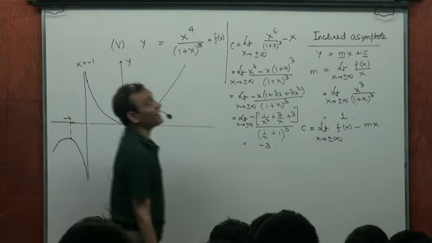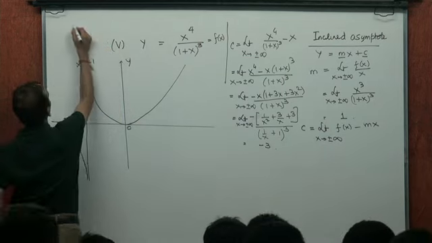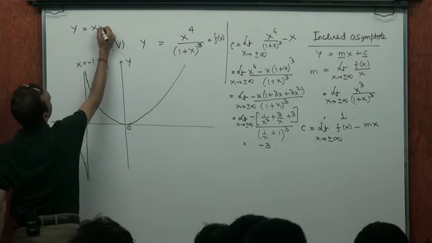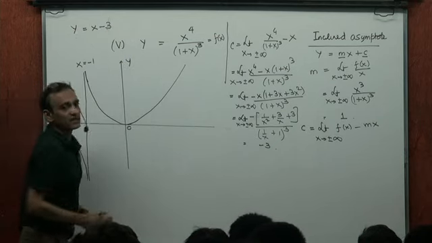So there is an inclined asymptote, and the inclined asymptote for this curve is y equal to x minus 3.